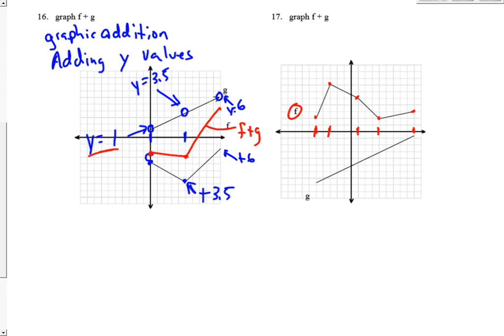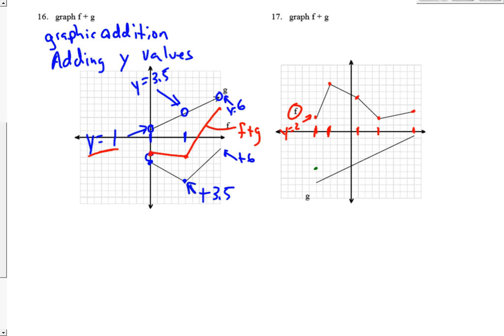And since my f graph is on the top, I'm going to identify y equals 2, and at that point down on the g, I'm going to add 2 units. So if I add 2 units, I'm going to have a point like right there.